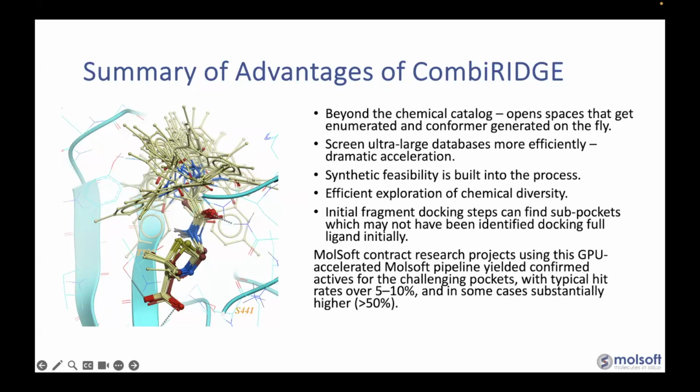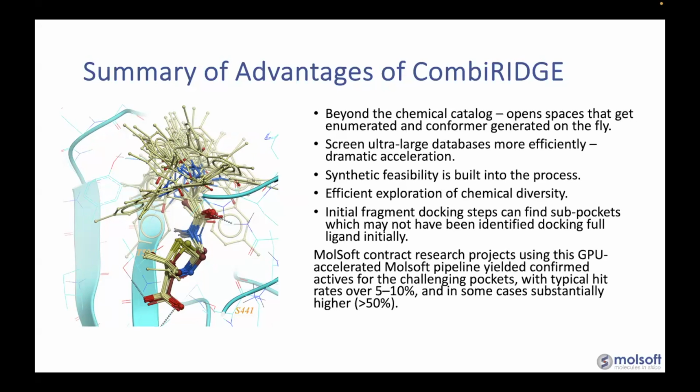This allows us to screen ultra-large databases far more efficiently, delivering dramatic acceleration compared to more conventional methods. Importantly, when you're screening these large databases, there is the concept of synthetic feasibility. This is built directly into the process, ensuring that the proposed compounds that you get hits for are practical candidates for follow-up chemistry.